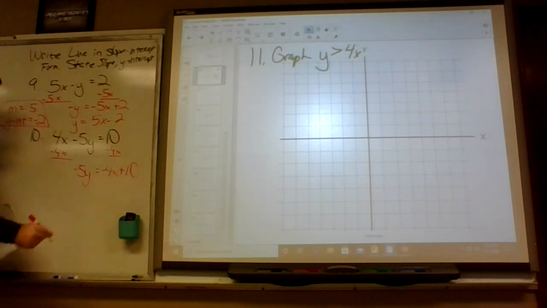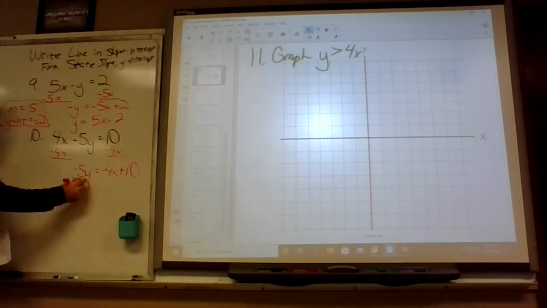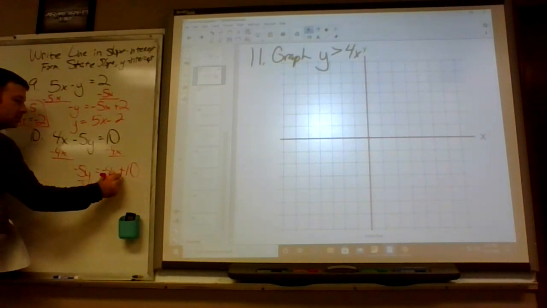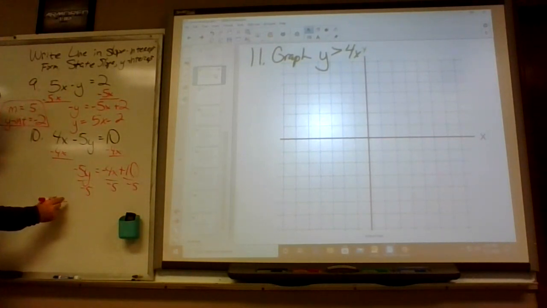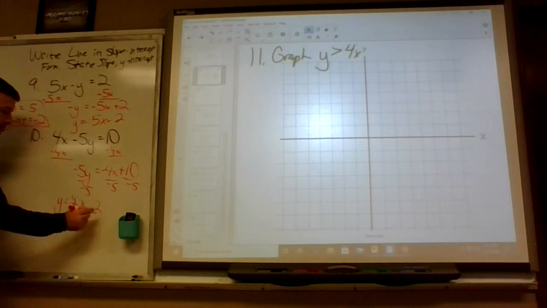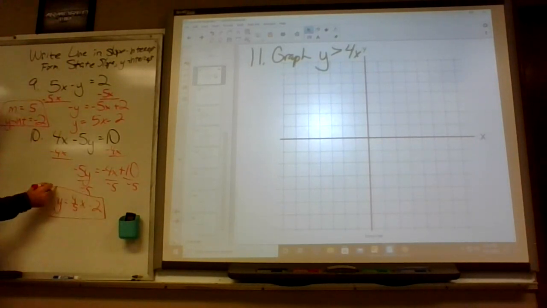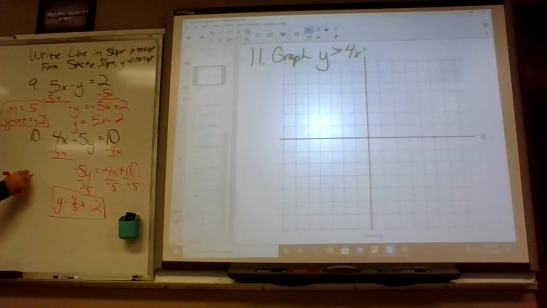Then you divide by negative 5, which makes it 4 over 5 because the negatives cancel out. And then it's minus 2. So it's y equals 4/5 x minus 2. What is the slope? 4/5. And the y-intercept is negative 2.